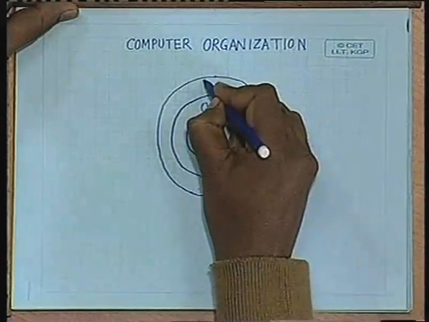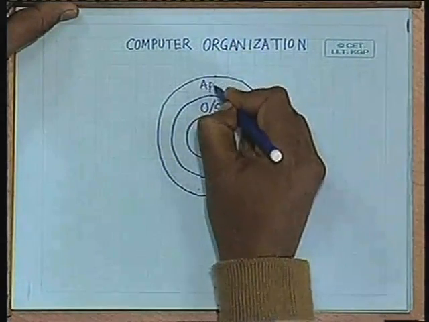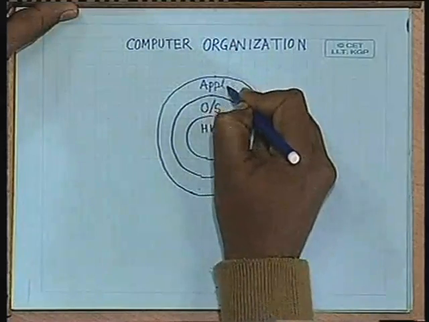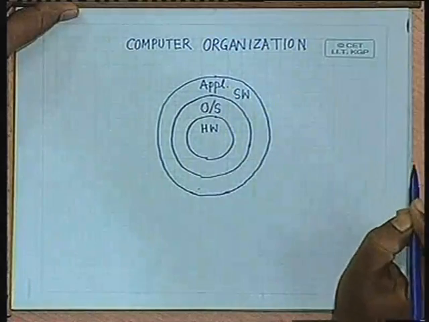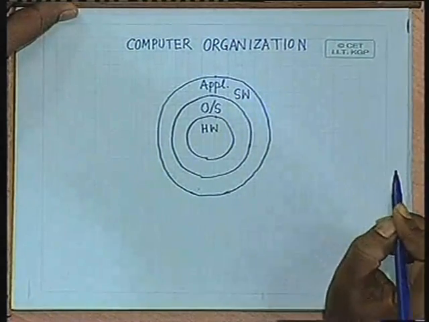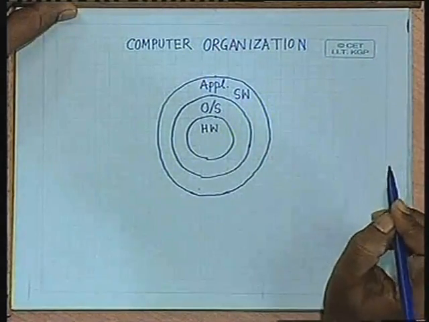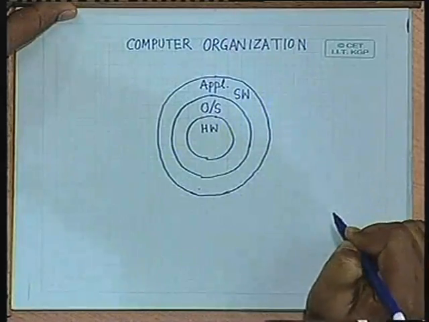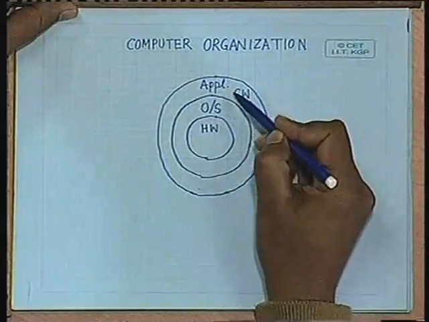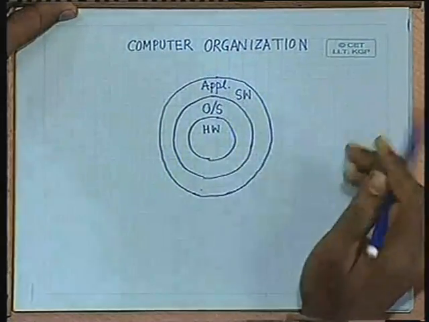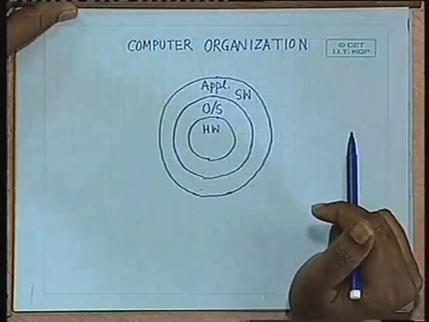So, here we have application softwares. Whenever a program is to be executed, the program that we write remains in the application software level. Then as the program is to be executed, it is the operating system which gives an interface between the application level software and the hardware resources of the computer.